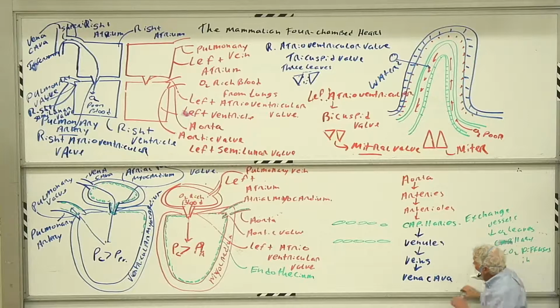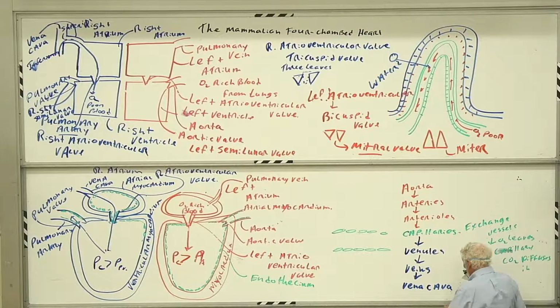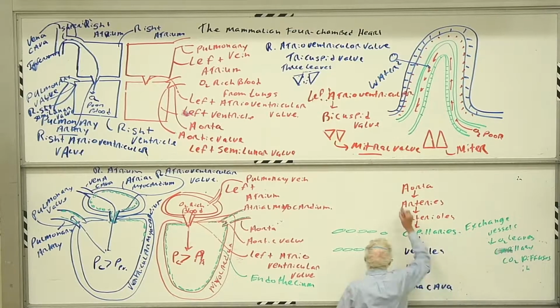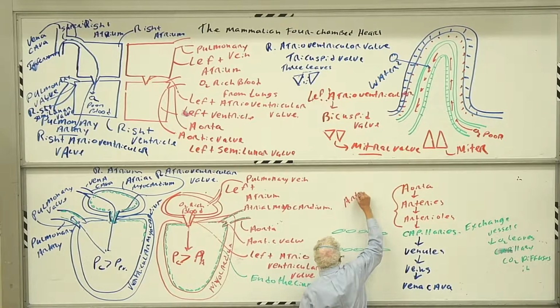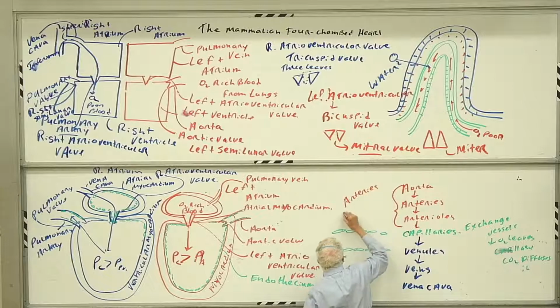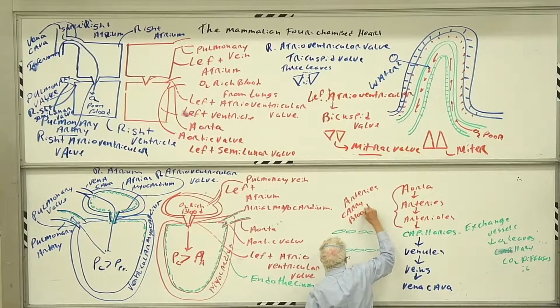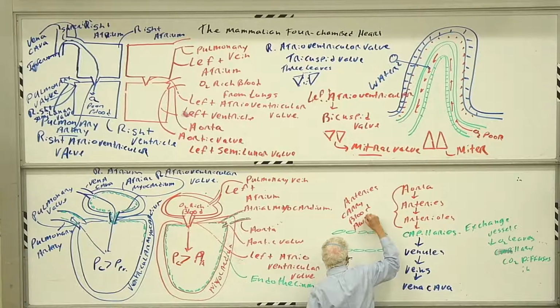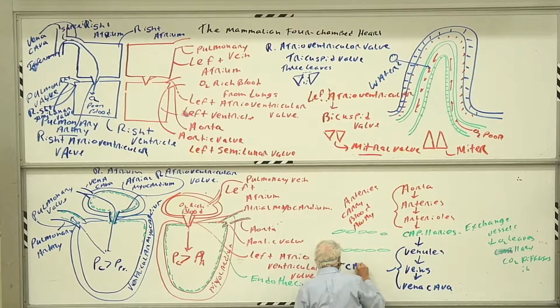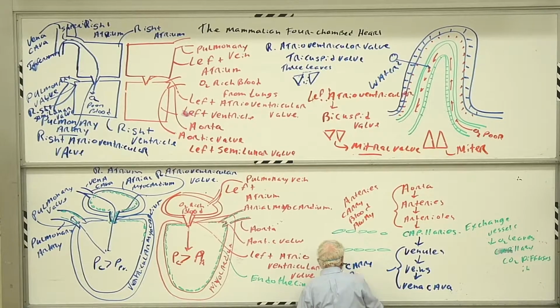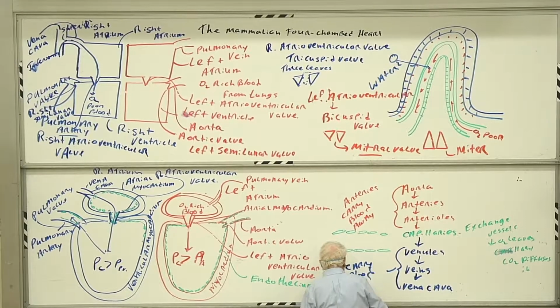But this brings us back to the main idea that arteries carry blood away from the heart. And veins carry blood toward the heart.